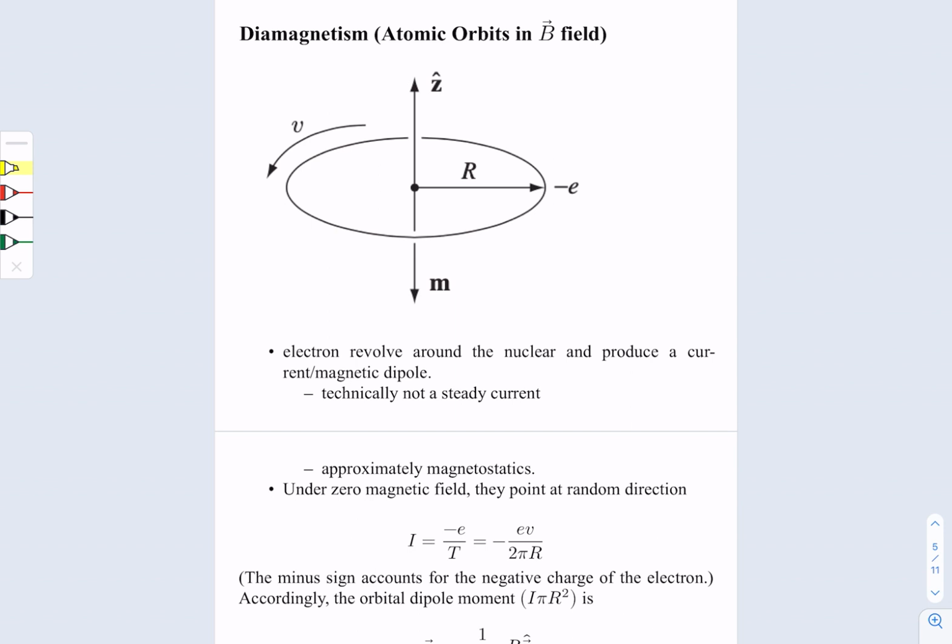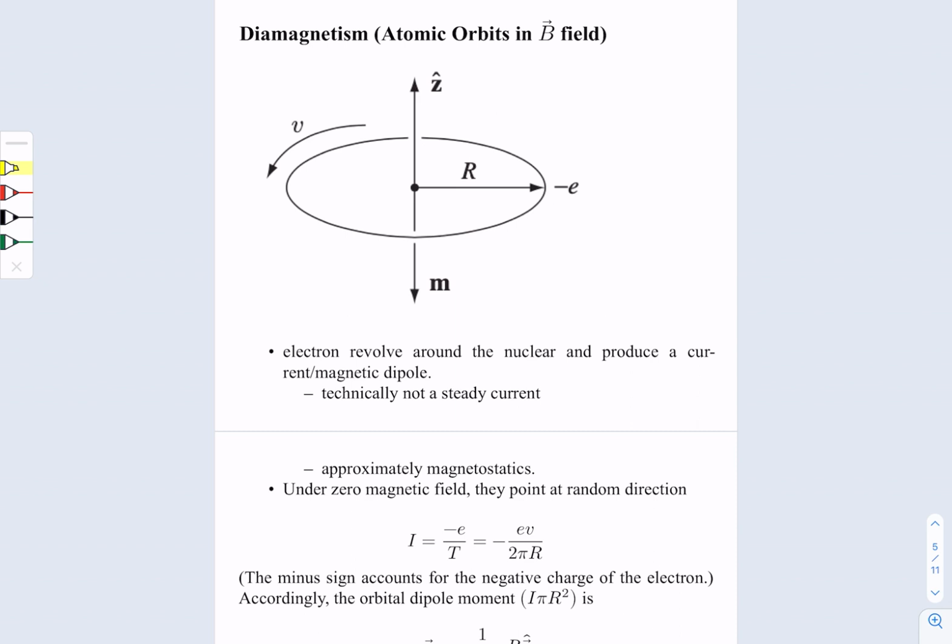Now you might argue that since this orbit produces a magnetic moment, it will be similar to the paramagnetic case, where this magnetic moment will also try to align with the magnetic field.